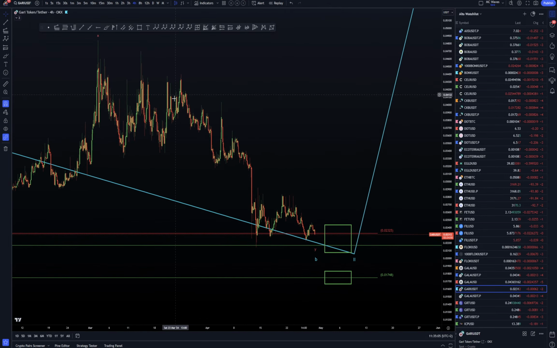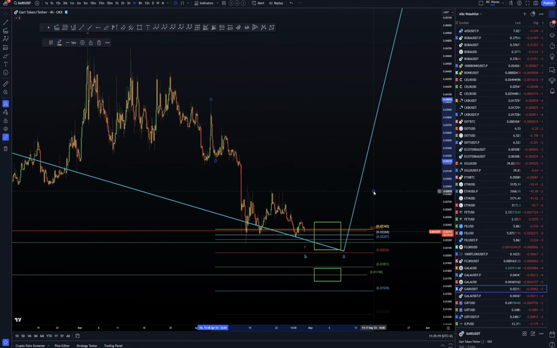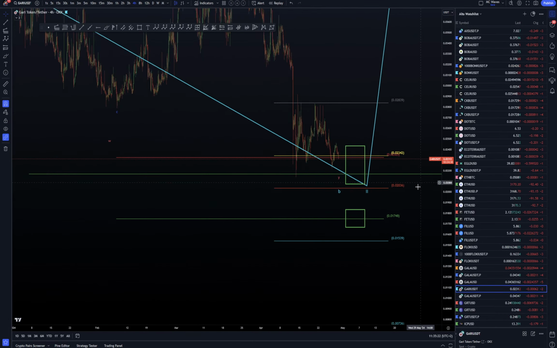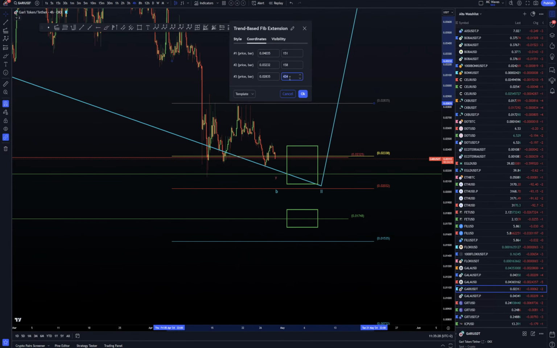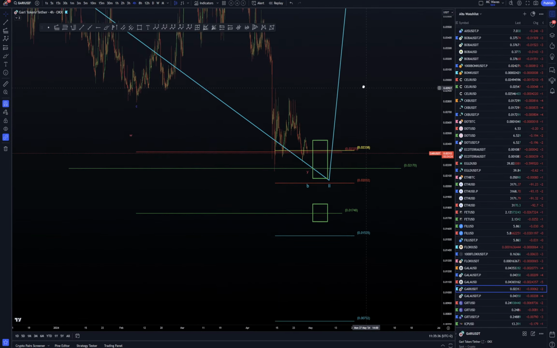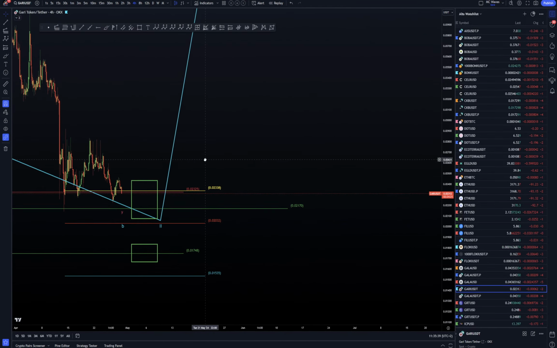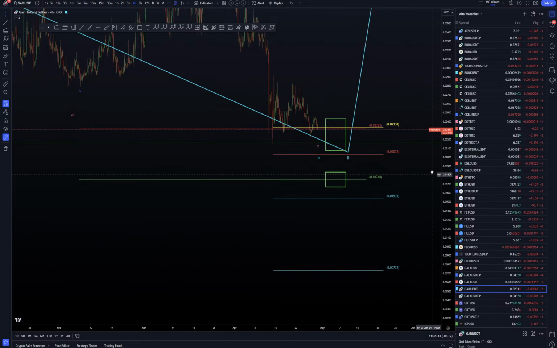Mm-hmm. Well, we'll have to spend some more time on this. Alright, yes. So then you can look for these targets next. These are the wave 5 targets, really. Place this like that. 1, 2, 3. Yeah, these are the targets we'll have next.